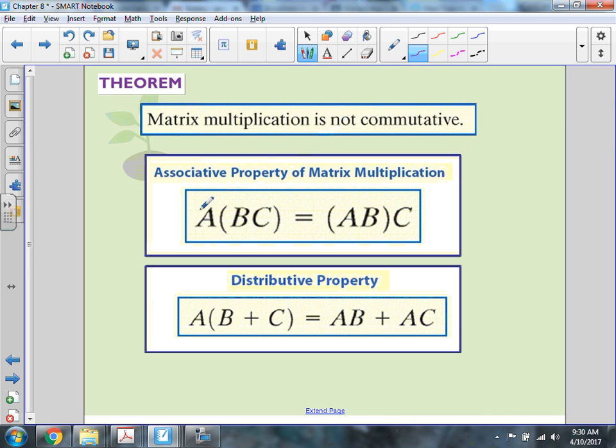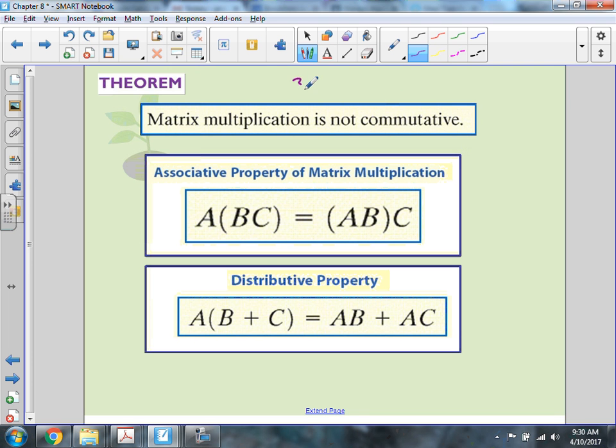Matrix multiplication is not commutative. We learned about that the very first day we talked about matrices. You can't multiply two matrices in any order and expect to get the same result. A lot of times you can't even multiply two matrices in one order and then even be able to multiply it in the other order.